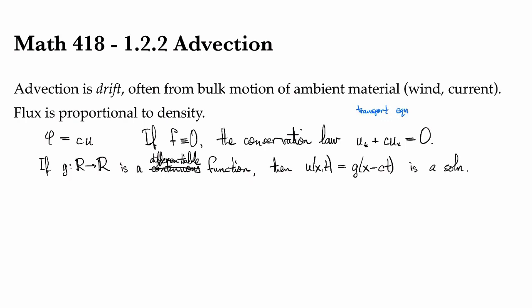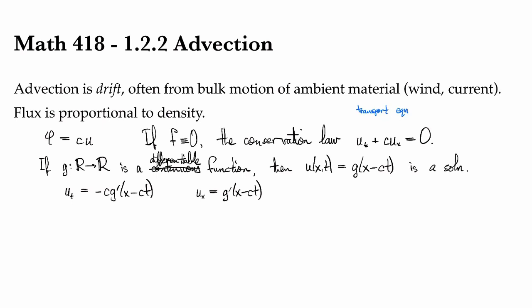Just to check real quick, if we have this formula for u and we take its time derivative, then we get minus c g prime, and I can use the prime because g is a function of a single variable, so it's just the derivative with respect to that one single variable. It's not ambiguous. On the other hand, the partial with respect to x of u is going to be g prime of x minus ct.